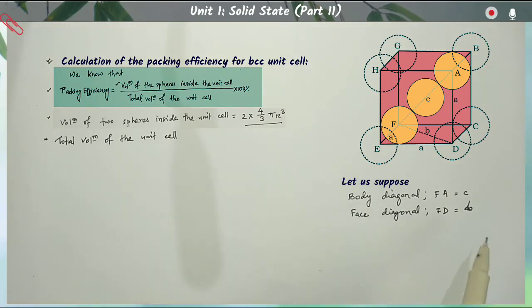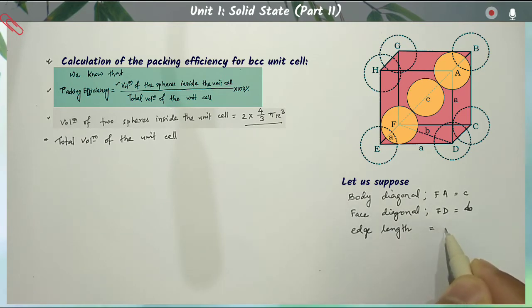Now we are going to use this data, and the edge length is equal to A. So the edge lengths ED, DB, CD, CF, all the edges are equal to A, because we already know that the lengths of the edges are equal.